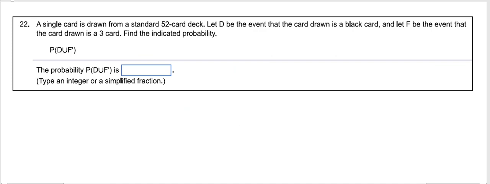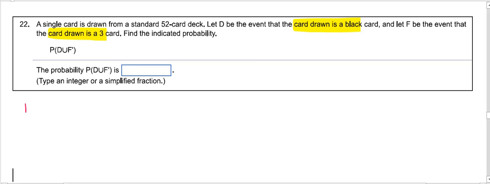Number 22, a single card is drawn from a standard 52 card deck. Let D be the event that the card drawn is black. So D is that it's a black card. And let F be the event that the card drawn is a 3. Find the indicated probability: the probability that it's a black card or that it's not a 3.